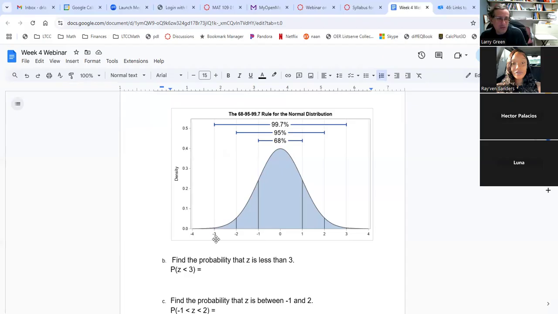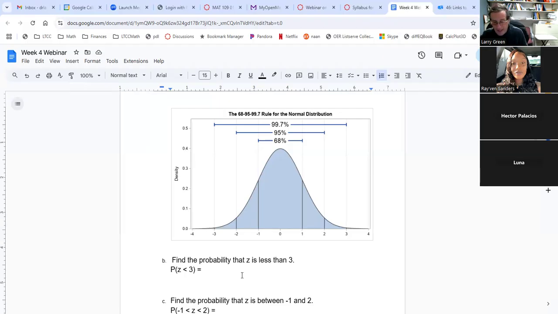Well, we know in between -3 and 3, all of that stuff is 99.7%. So if we can also get how much is to the left of -3, right over here, then we can add this part to the far left to this 0.997.